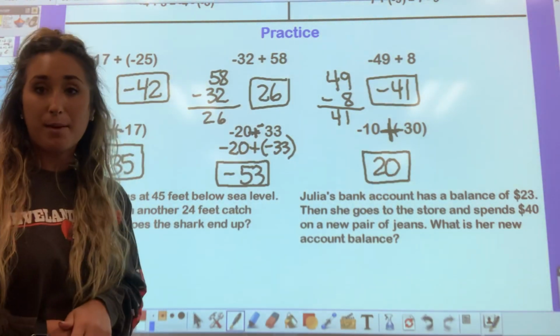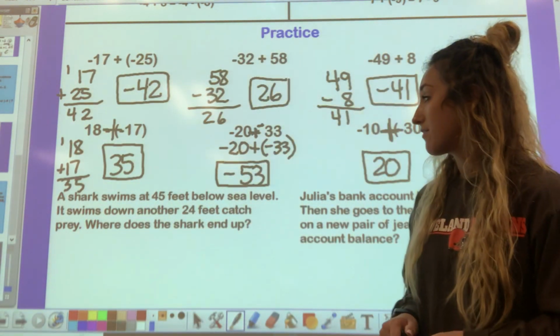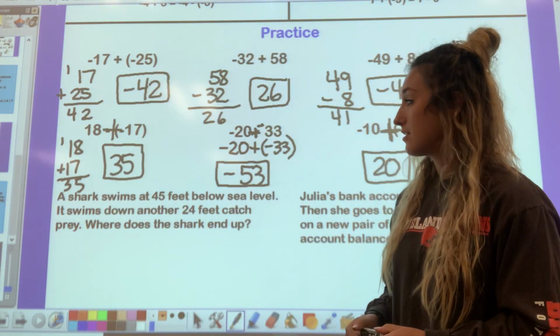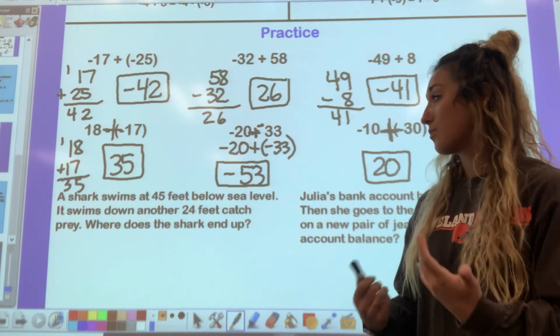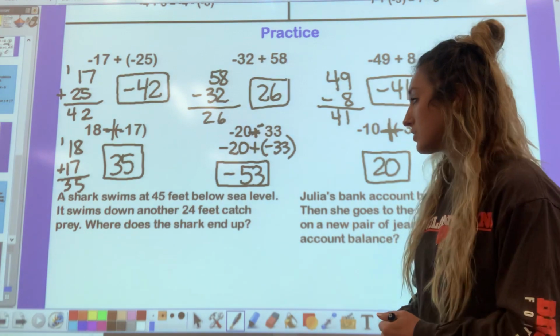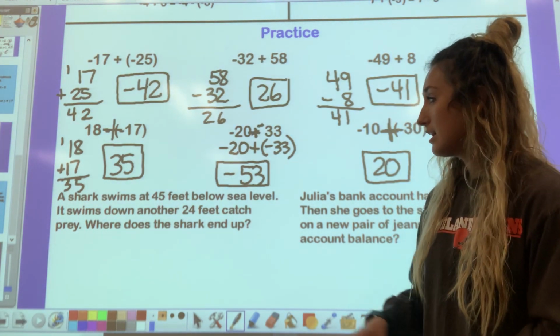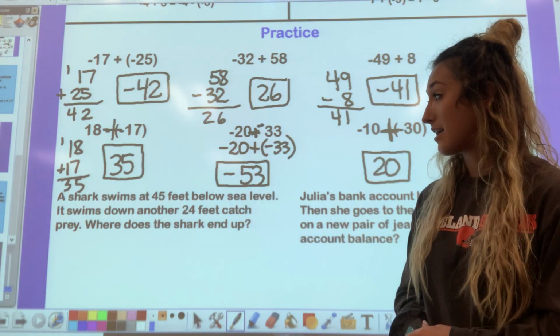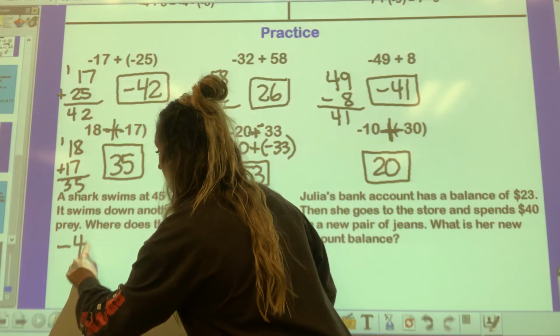Moving on to a couple of application problems. This first one says a shark swims at 45 feet below sea level and swims down another 24 to catch prey. Where does the shark end up? So let's represent this with either addition or subtraction. If the shark starts out at 45 feet below sea level, it starts out at negative 45.